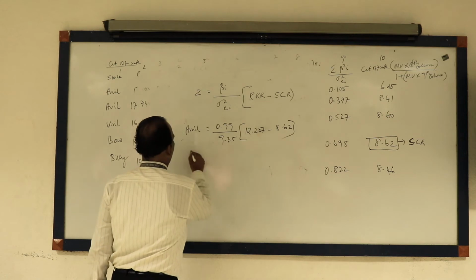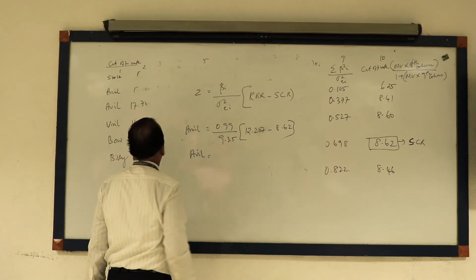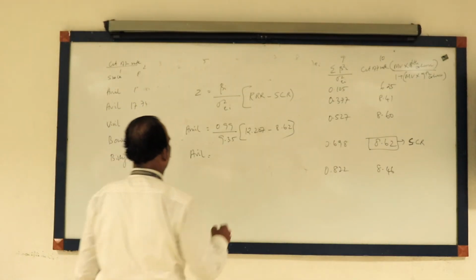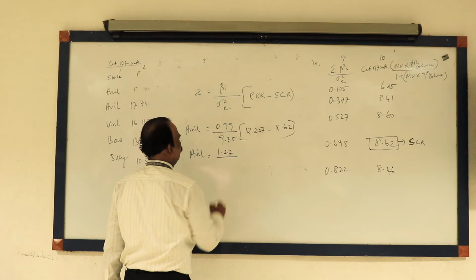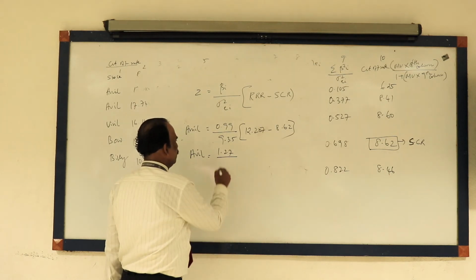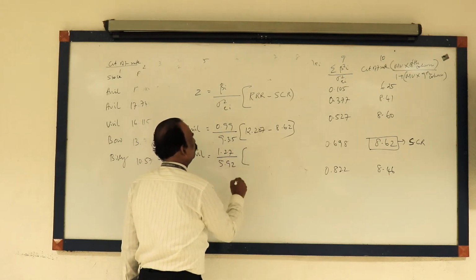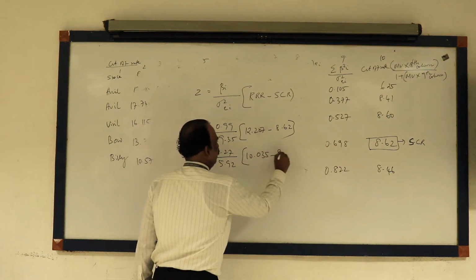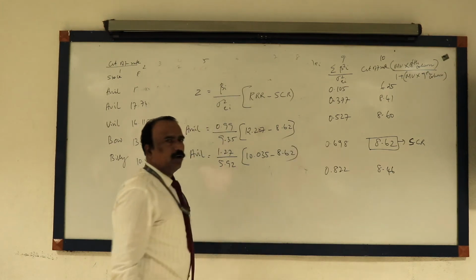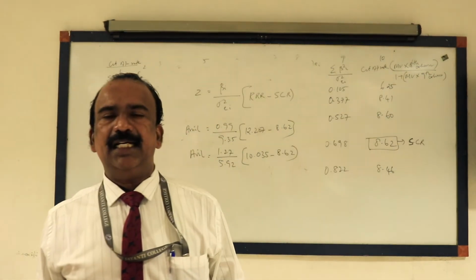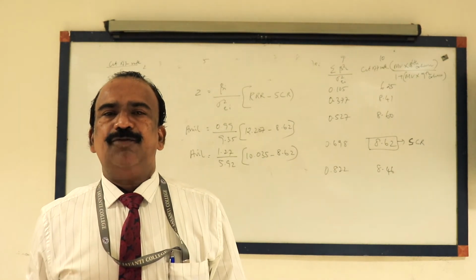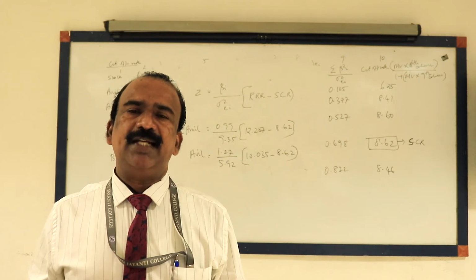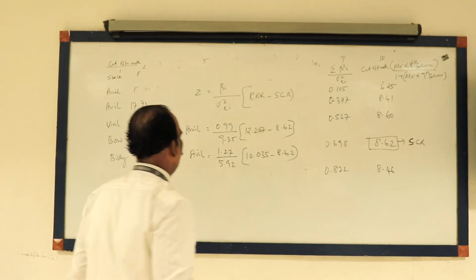Then Avil: beta is 1.27 divided by 5.92 into 10.035 minus 8.62. This particular value will always be positive. As we discussed earlier, the risk reward ratio must be greater than the single cutoff rate, then only you will get a positive value.